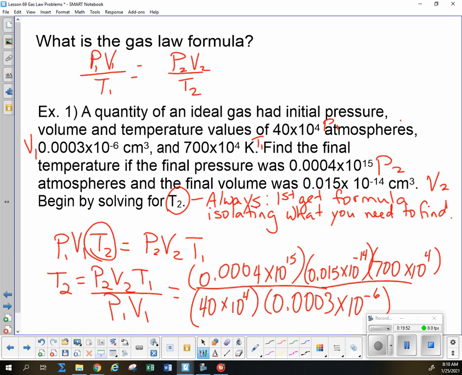Must always write down how you enter it on the calculator. This is how you're going to enter it on the calculator. So you guys all do that: control fraction bar, and then type all of these things in. You can use that 10 to the button. Everybody at home, type it in on your calculators.